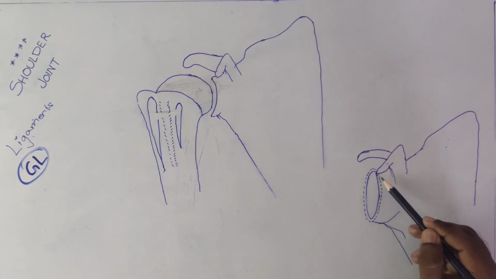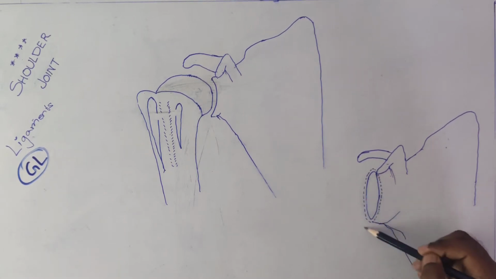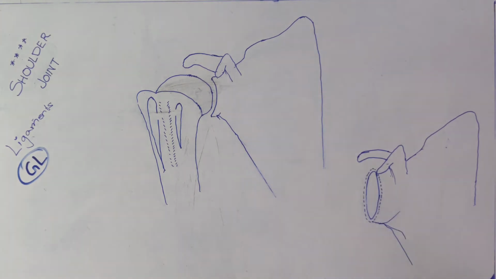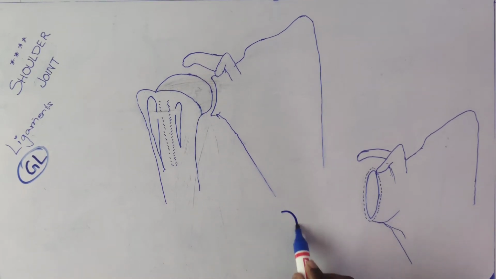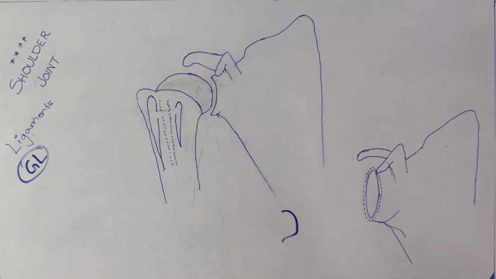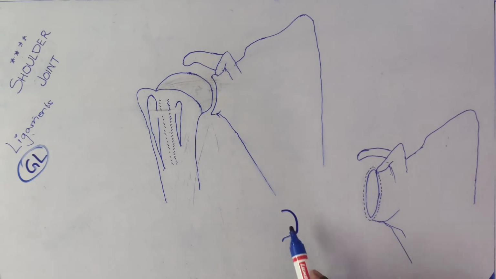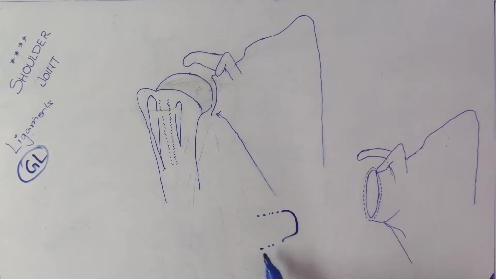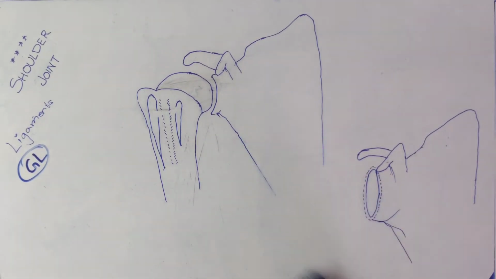It covers the entire margin of the glenoid cavity and increases the depth of the cavity. If the cavity is this much in depth, the labrum continues like this and gives additional depth.